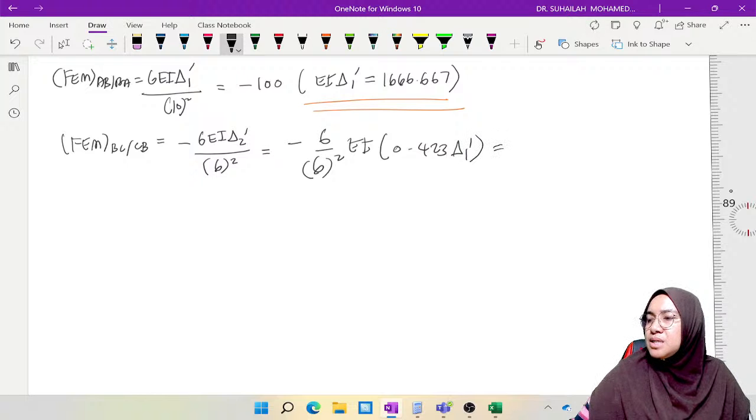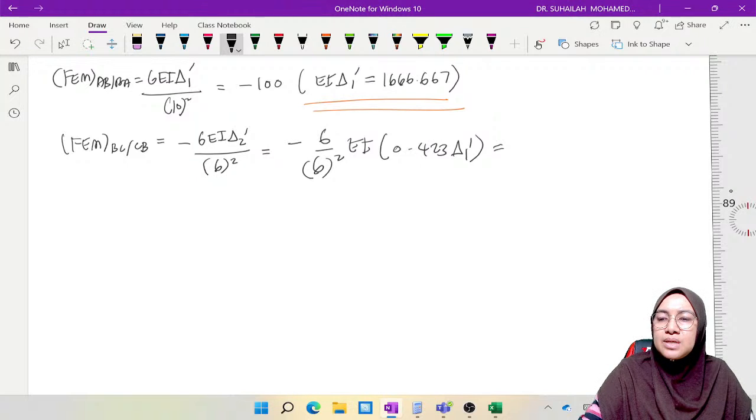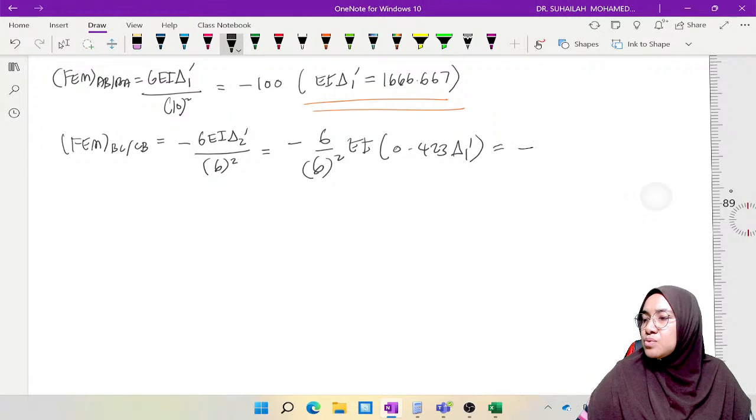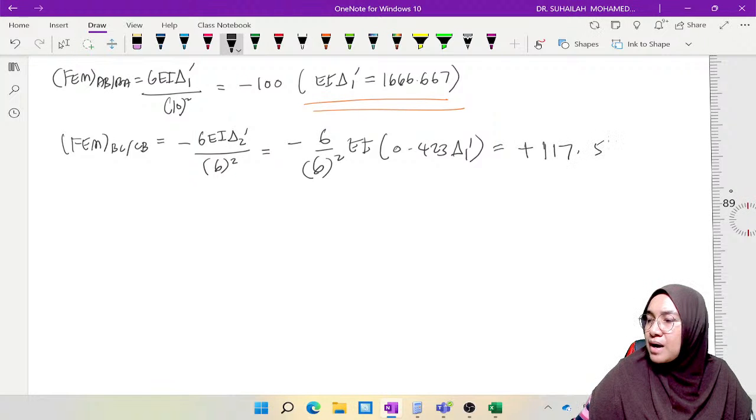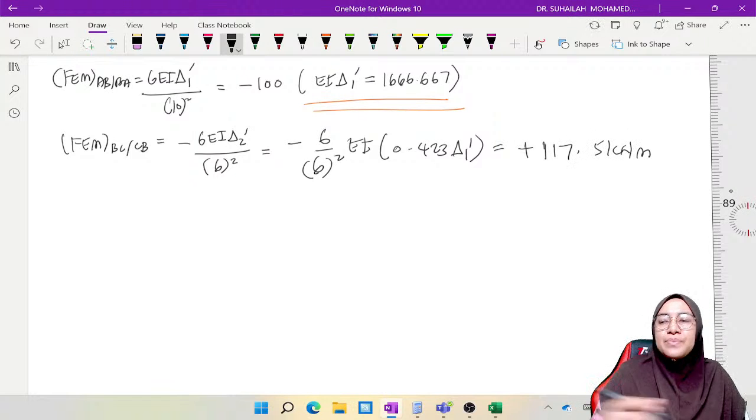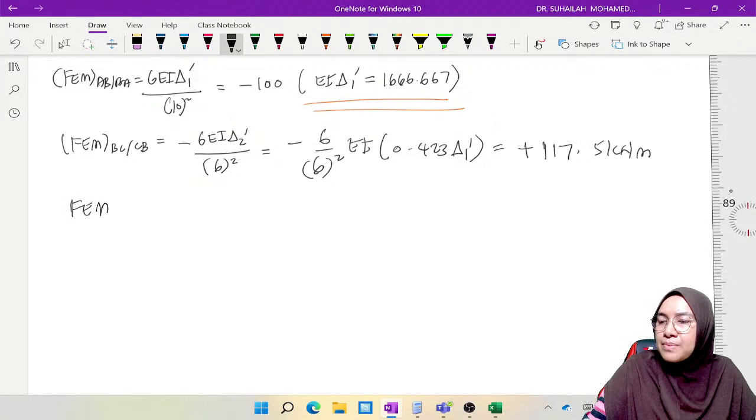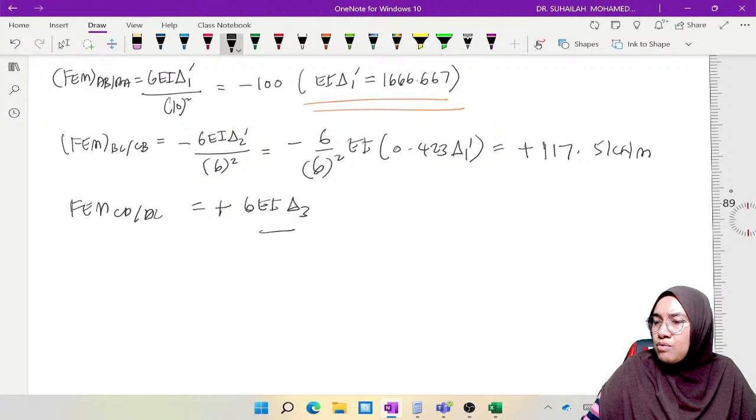So this is equal to 6 times 6 square times 0.423 times 1666.667. So it is equal to positive 1117.5 kilonewton meter.